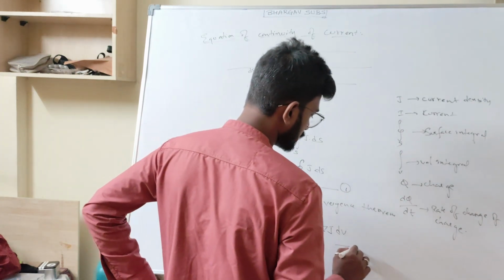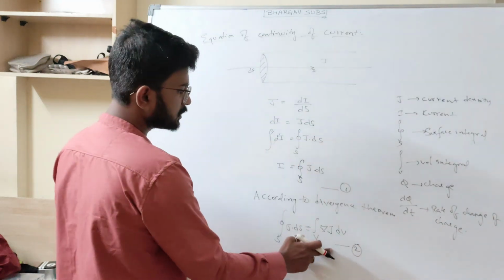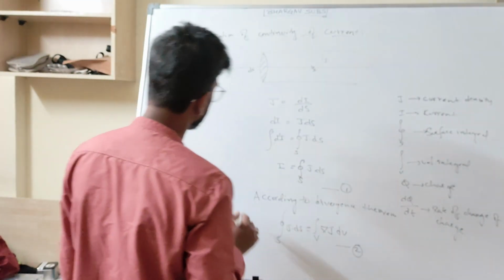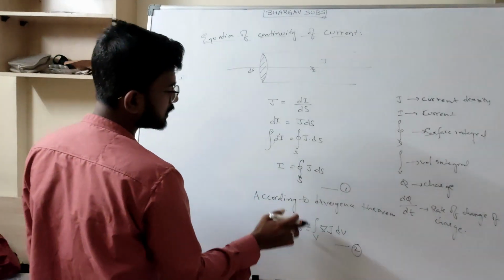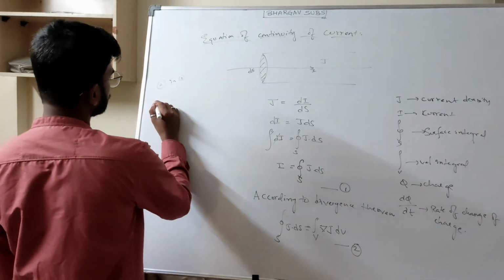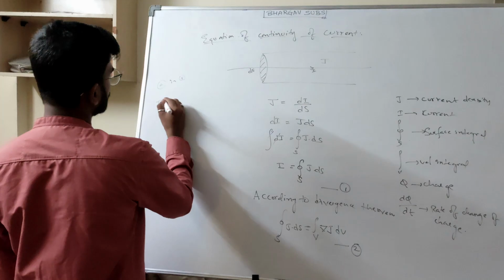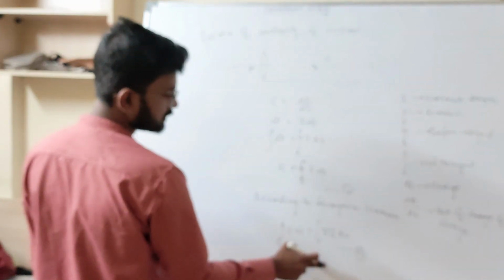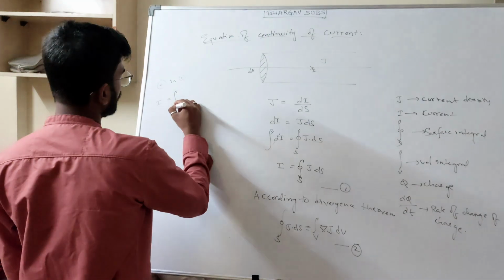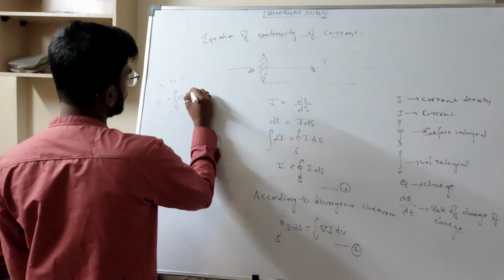So this was the second equation. So I can substitute 2 in 1. What am I getting? I is equal to, in the place of surface integral I am substituting volume integral, so volume integral of divergence of J dv.